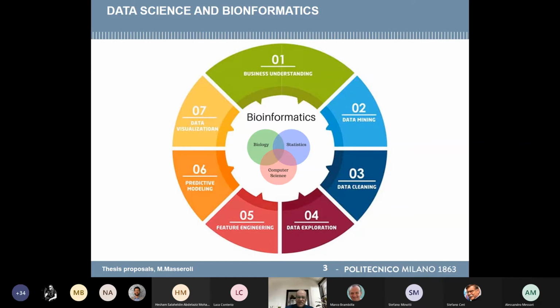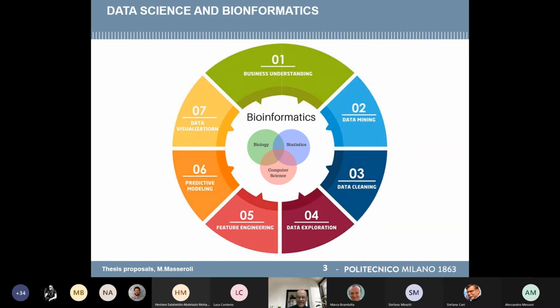And then, after data exploration, identify the features that characterize those data according to the problem that we want to solve. And when these features are not evident within the data, we build them by pre-processing of the data with the classical step of feature engineering, which I am sure you are very aware of.